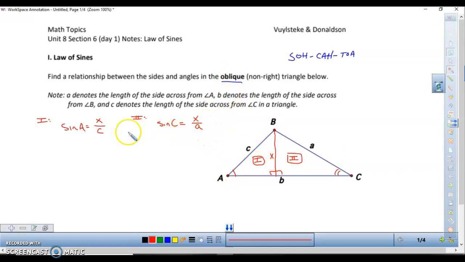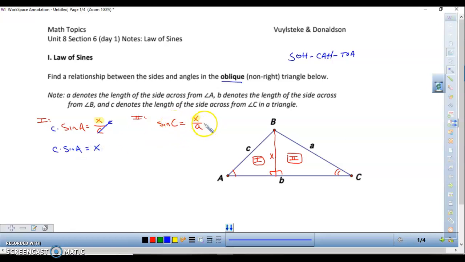The next thing I'm going to do is, in both of these equations, you'll notice they both have an x. So I'm going to solve both equations for x. In this one, I'm going to multiply both sides by c, and I'll end up with c times the sine of A is equal to x.